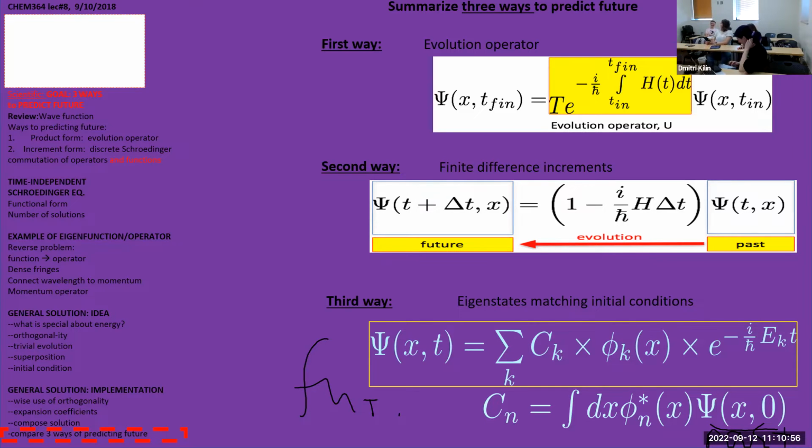So the first one is the evolution operator, right? This exponential to the power of Hamiltonian. The second one is numerical wave propagation. If you know the past, the present, we can know the nearest future by delta t, right? And it is good to propagate in computer codes. And we are going to rederive this equation, which gives the same thing as the first two.